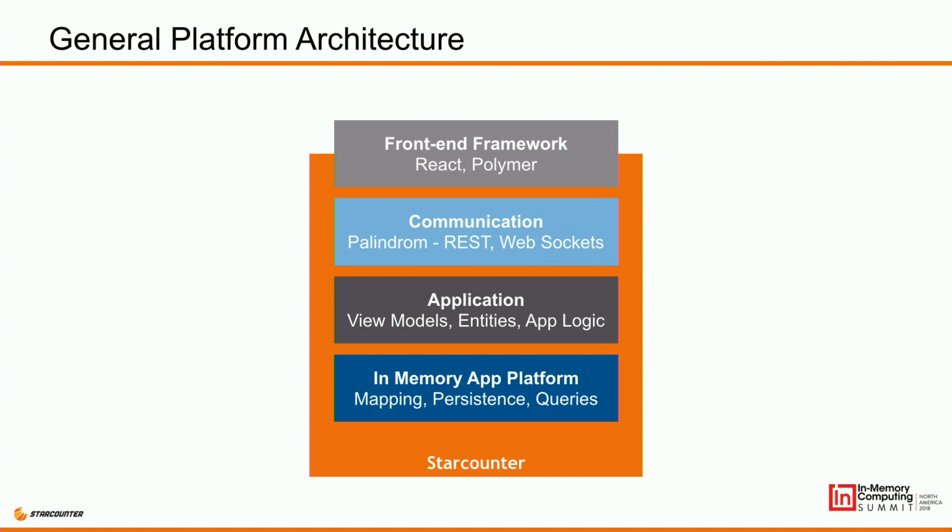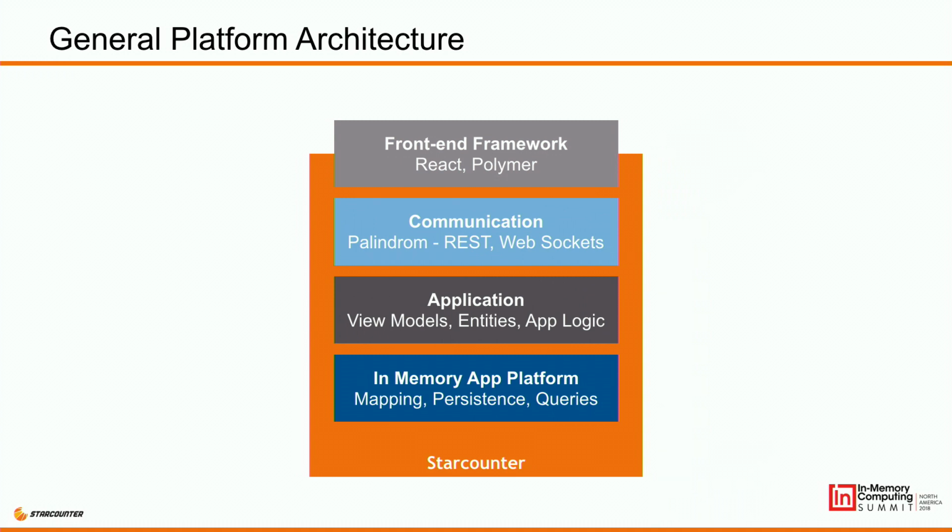Then we have communication between the server side and the client side, which is based on a library called Palindrome. It's an open source library developed by us and also the community around it. It uses WebSockets to communicate with the server, so it's very lightweight, and it only sends the deltas between the client side and the server side.